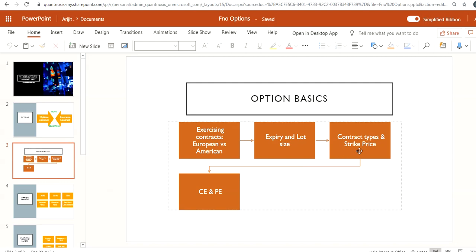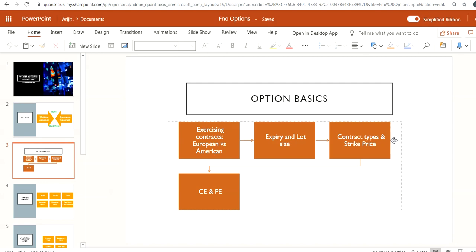Contract types and strike price. In options, the tradable contract can be bought or sold by option buyers or option sellers at a specific predefined price, which is already predefined by the exchange.